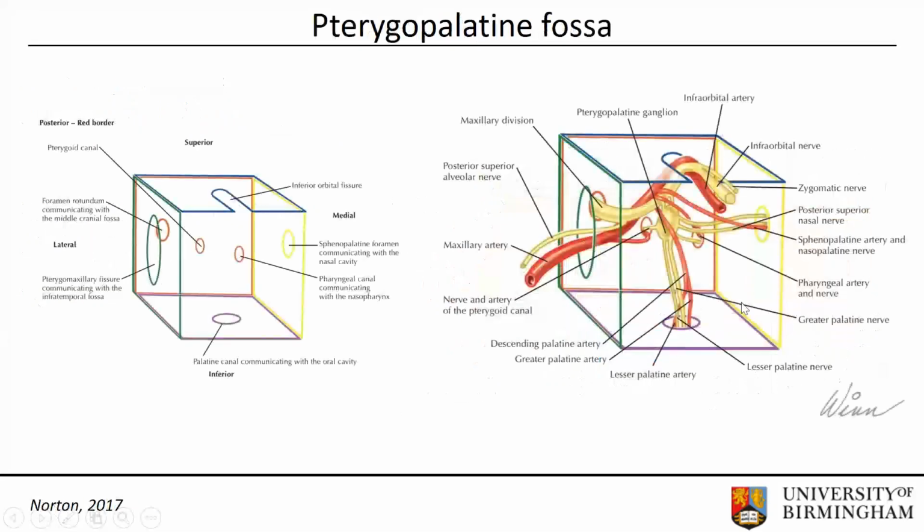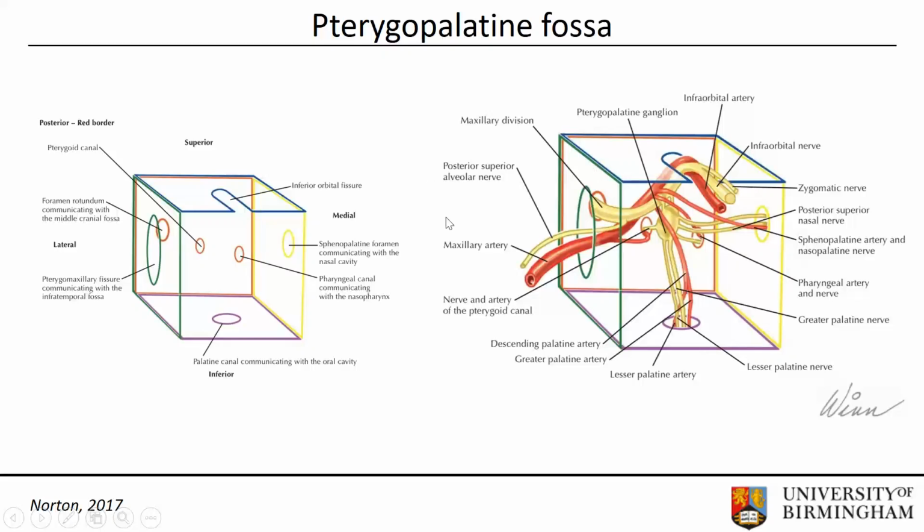And here we have a diagram from Netter's of the pterygopalatine fossa. I like this diagram because it simplifies the different walls of the fossa and what passes through each of the foramina.